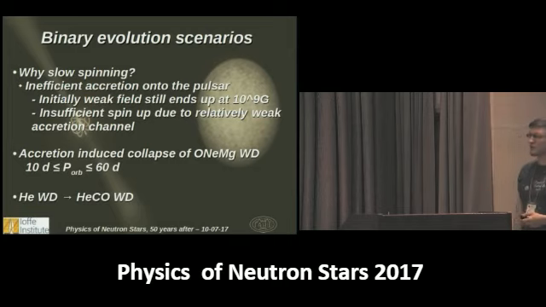For instance, an oxygen-neon-magnesium white dwarf can turn into a neutron star under accretion-induced collapse. However, this applies only when the orbital period of the binary is really long, from 10 to 60 days, which is not the case. That's why we think it's not really a plausible scenario for our case.